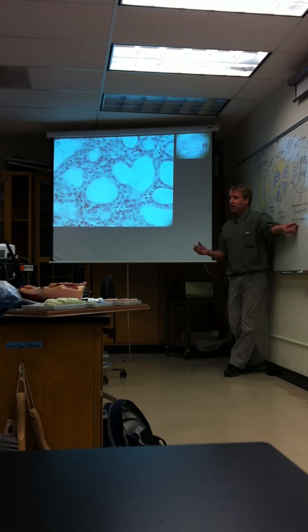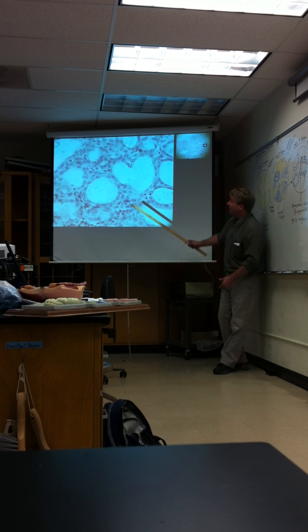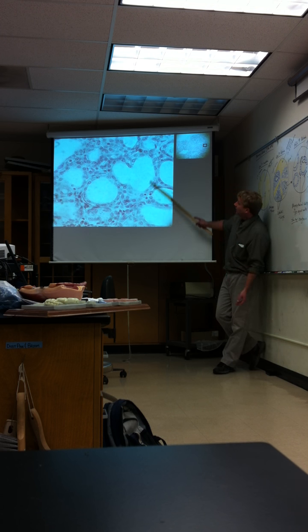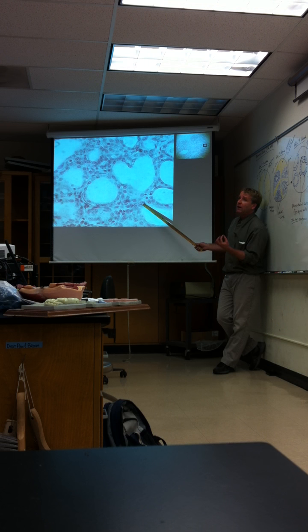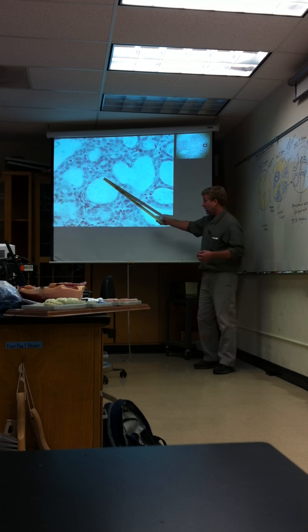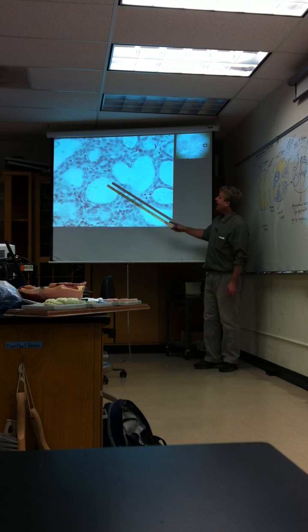Any questions with that? So the way this would be asked, just to make sure, this is a pretty good slide to see these cells. If you were given this, identify the specimen, and you have to be specific here. The specimen would be what? It would be mammary gland, but you'd have to say active. We are definitely looking at an active mammary gland, because an inactive one would not have such big alveoli.